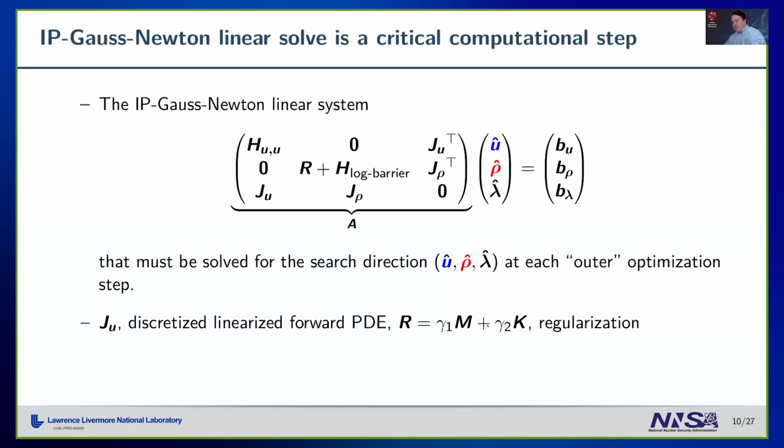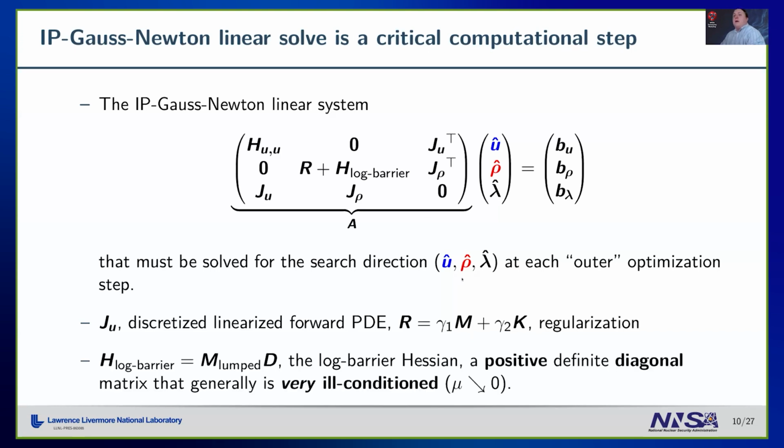R is this regularization term, having used a combination of squared L2 and squared L2 penalties on the gradient. This is the form of the regularization operator, a linear combination of mass and stiffness matrices.